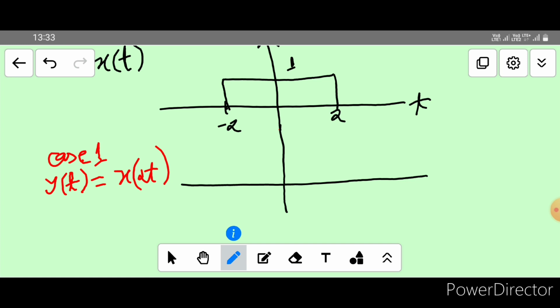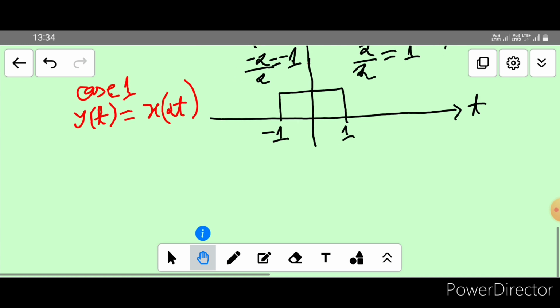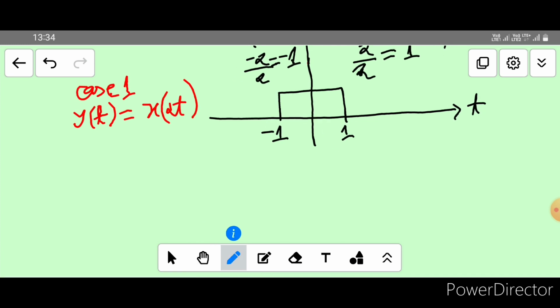So we divide the main signal's limits by 2. Minus 2 by 2 gives minus 1, and 2 by 2 gives 1. So the new signal will be from minus 1 to 1. This is case 1. It's a shortcut method, and we can use it in competitive exams.